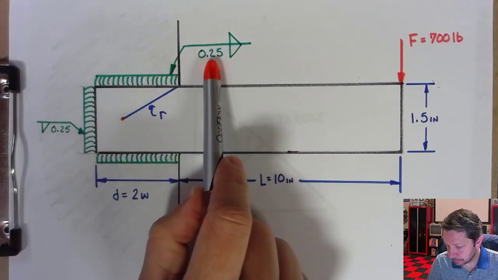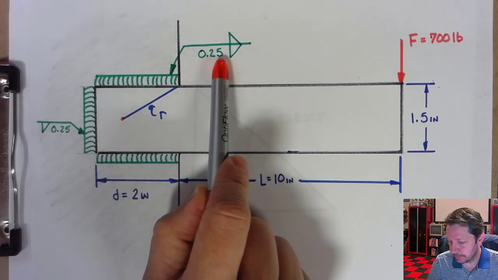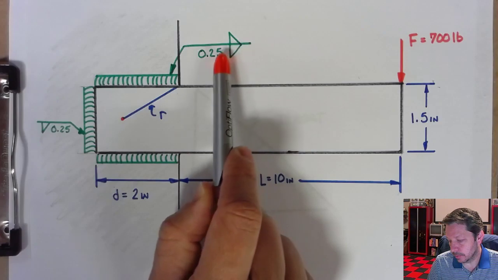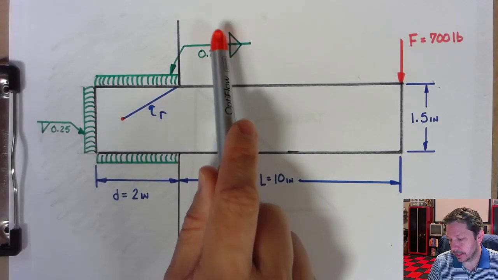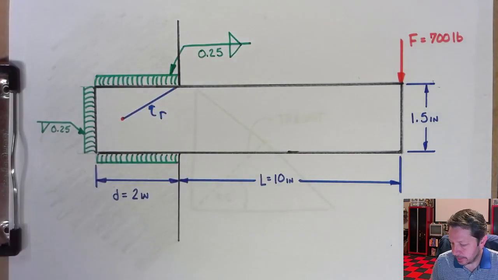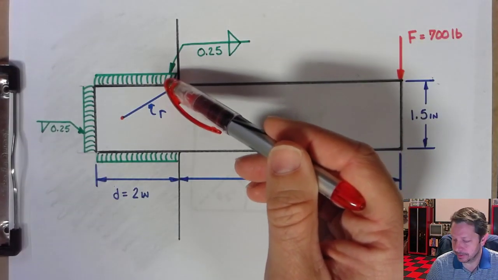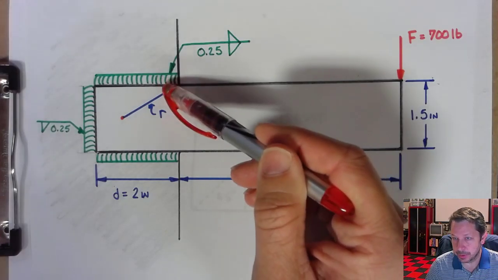Here you can see we have a 0.25 inch fillet weld on the arrow side and the opposite side of wherever the arrow is pointing. Now, I pointed the arrow to the weld itself just because it was kind of cluttery to point to the edge of the part.